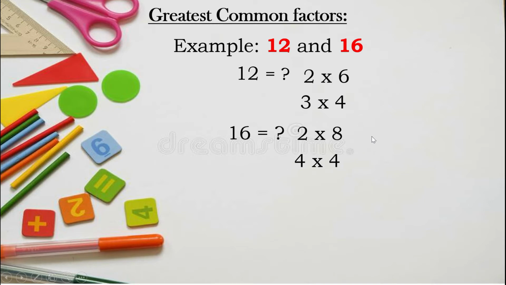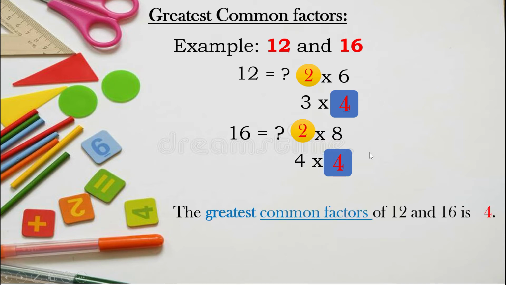Alam natin kanina na ang common factors ng 12 at 16 ay si 2 and 4. Pero ano yung greatest common factors? Ibig sabihin, pinakamataas na common factors. Ano ang mataas, 2 or 4? Of course, 4. So the greatest common factors of 12 and 16 is 4.